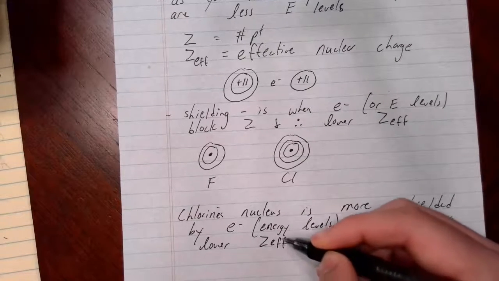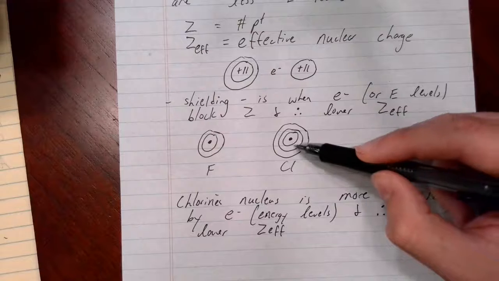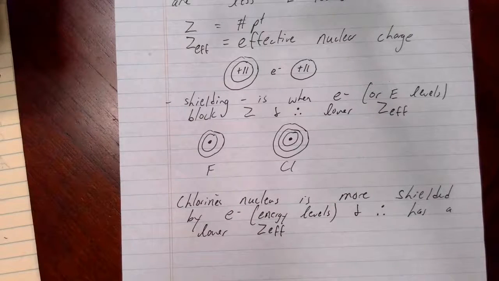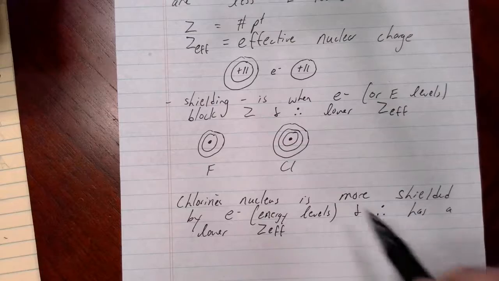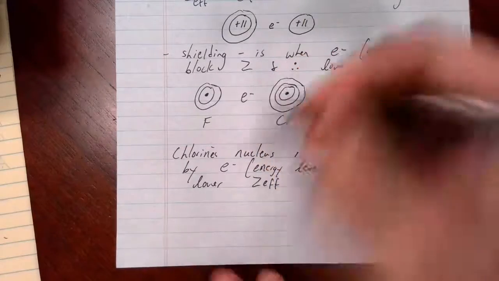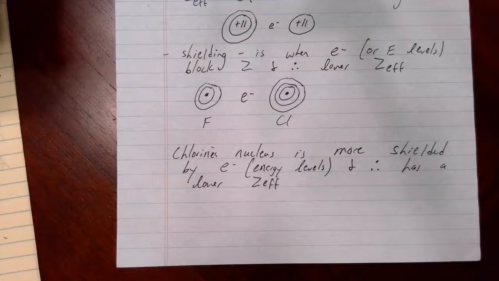Even though chlorine's nucleus has a greater positive charge than fluorine's nucleus, because it's shielded, it has a lower effective nuclear charge. So its nucleus would have less effect on this electron halfway between them.